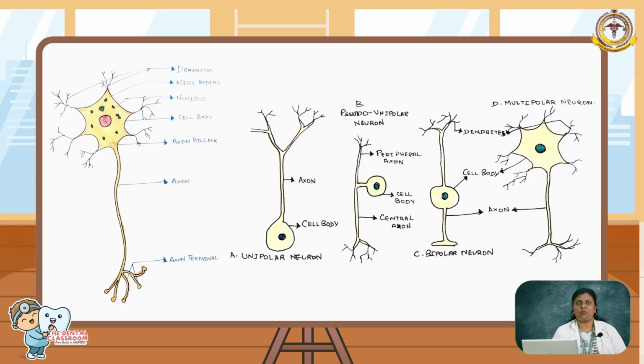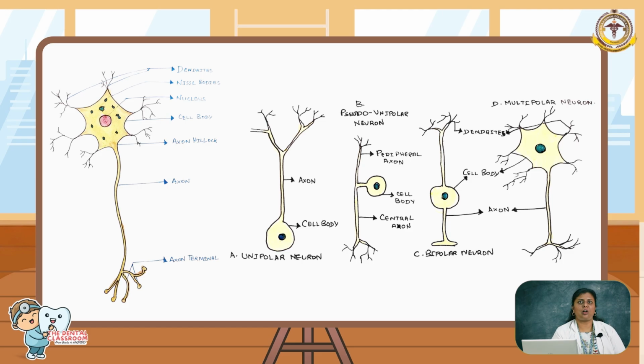But a unipolar neuron has only one axon from one side of the cell body. A bipolar neuron has two separate axons branched on either side, that's why it is called bipolar. And in a multipolar neuron, the dendrites and axons form synapses with neurons on either side of the cell body, so that's why it is called multipolar.